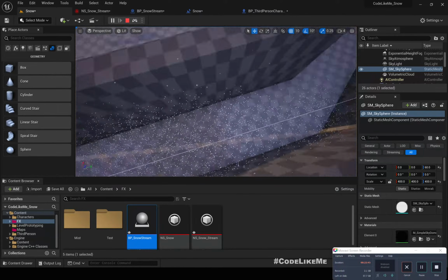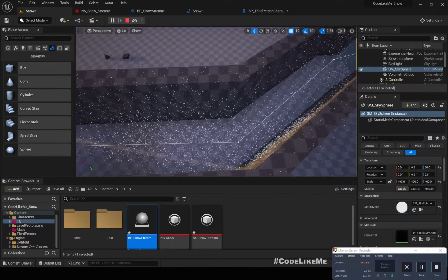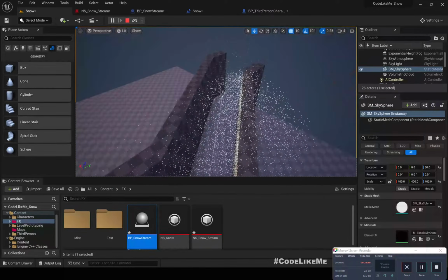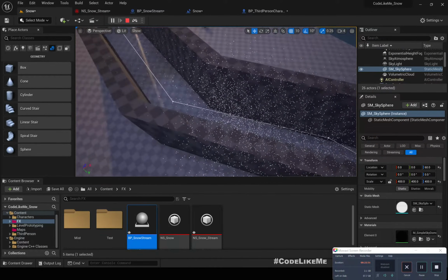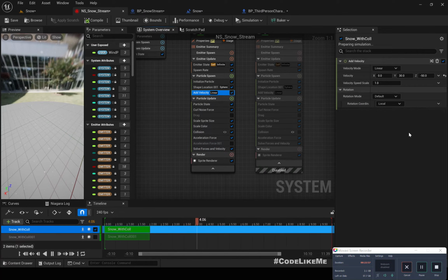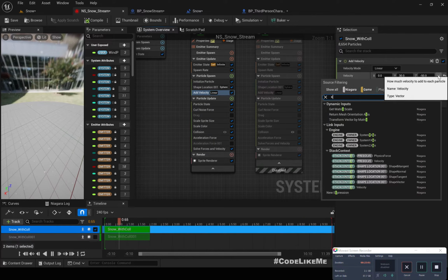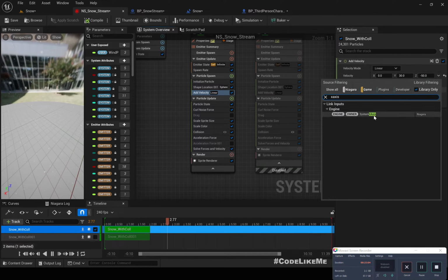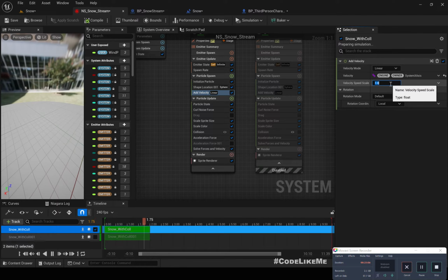You can see, but are they... Oh wait, instead of adding an acceleration force, here we add the velocity. This, let's add x in the x-axis of the owner. It's a multiplier.